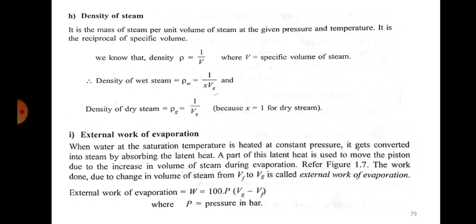For the definition: when water at the saturation temperature is heated at constant pressure, it gets converted into steam by absorbing the latent heat. Part of this latent heat is used to move the piston due to the increase in volume of the steam during evaporation. The work done due to the change in volume from Vf to Vg, that is from wet steam to dry steam, is called external work of evaporation. So external work of evaporation is the product of pressure and the change in volume, that is P into (Vg minus Vf).